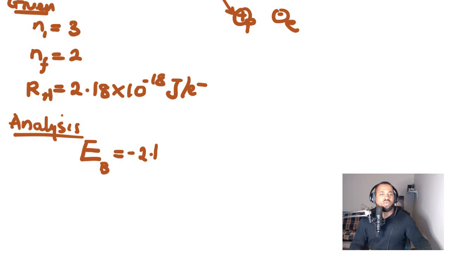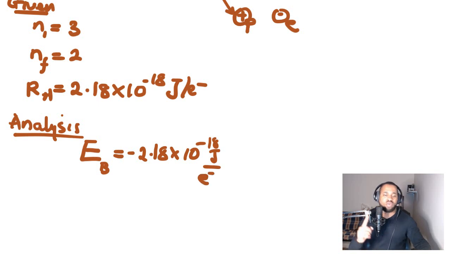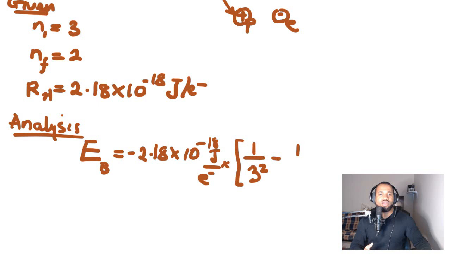negative 2.18 times 10 to the negative 18. Don't forget your unit, joules per electron, because we're dealing with one electron. And this is going to be multiplied by everything in the bracket, 1 over, we know that n initial is 3, so in this case, we have 3 squared minus 1 over 2, which is our final energy level, all squared.